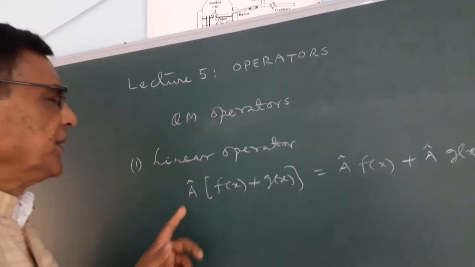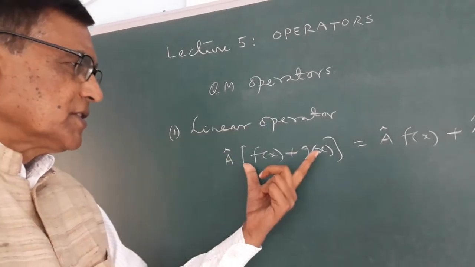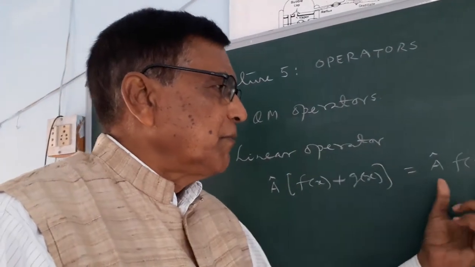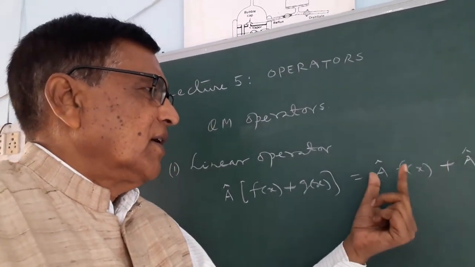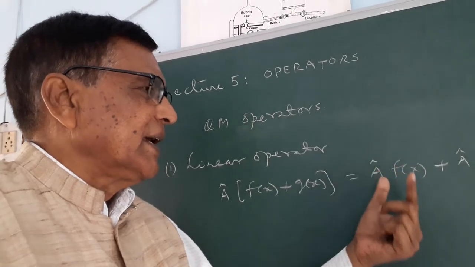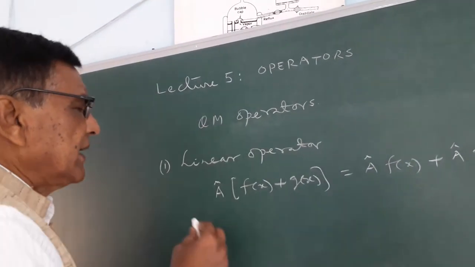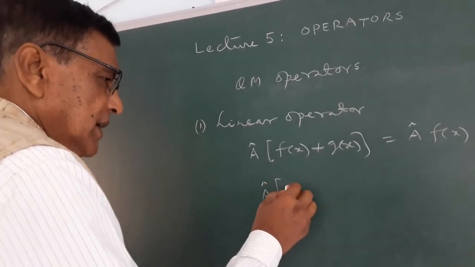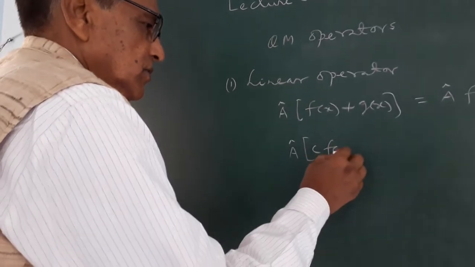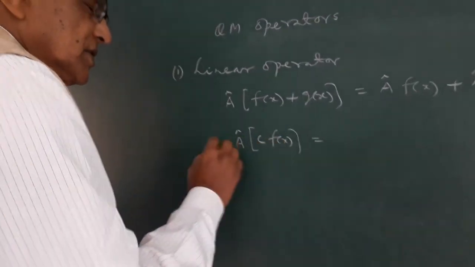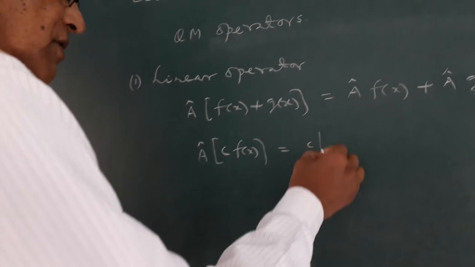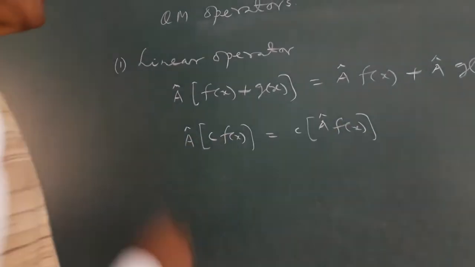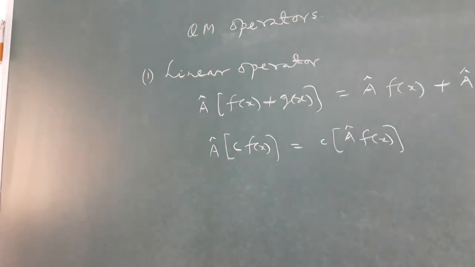This means the linear operator operating on the sum of two functions gives the sum of the operations of A cap on the two functions separately. Another criterion for a linear operator is that for a constant c times f(x), c goes outside of the operation: A cap c f(x) equals c A cap f(x). So these are the criteria for a linear operator.